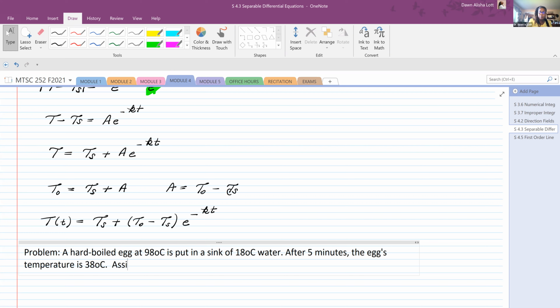Assuming that the water has not warmed appreciably, in other words, we don't have to worry, how much longer will it take the egg to reach 20 degrees Celsius?